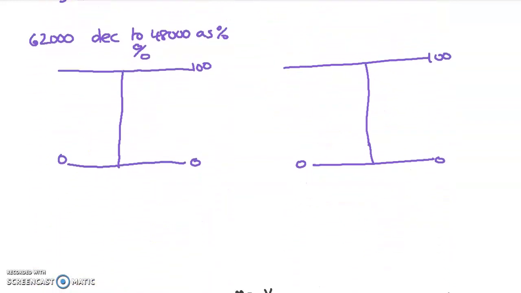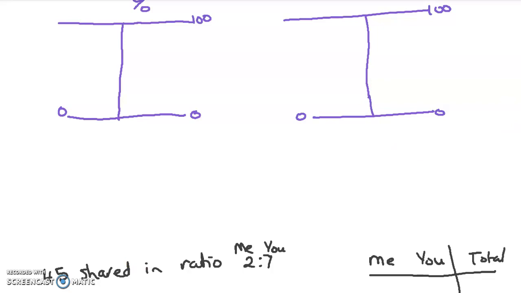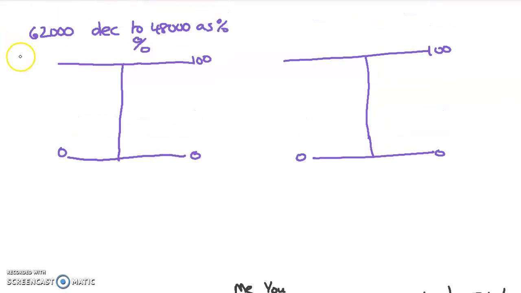If I had 62,000 and it was decreased to 48,000, what is that as a percentage? Okay, so it's a number, but what is it as a percentage? So that's the question here, right? So if I started off with $62,000 which has decreased to 48,000, that's some sort of percentage decrease here, right?